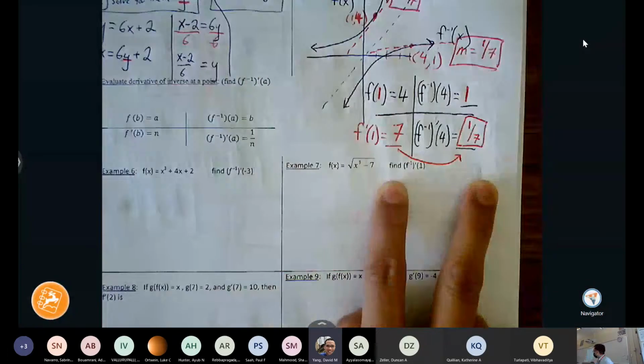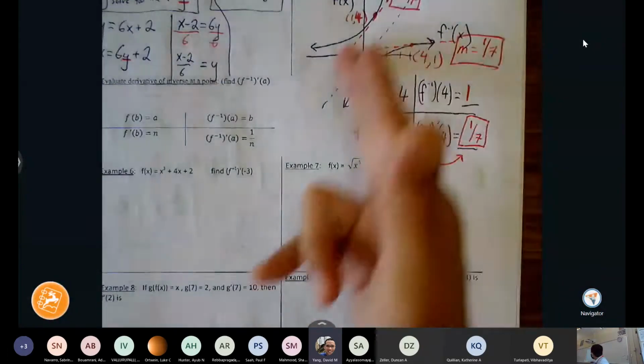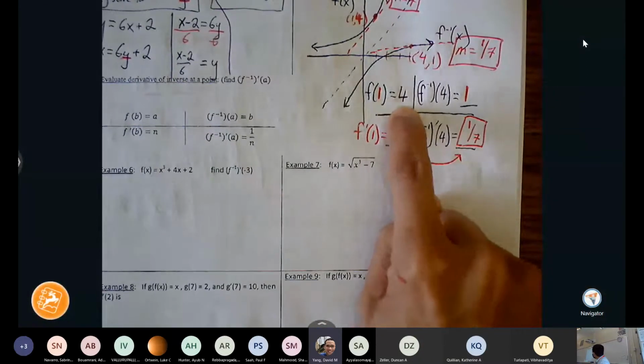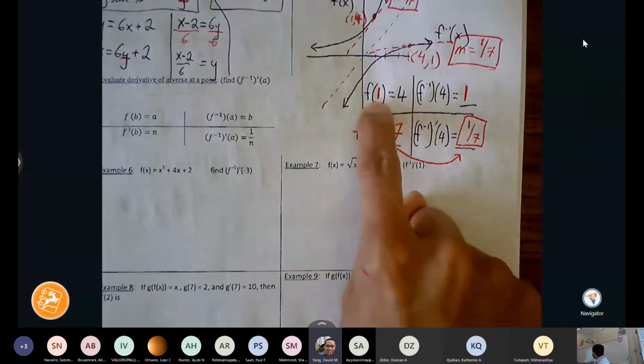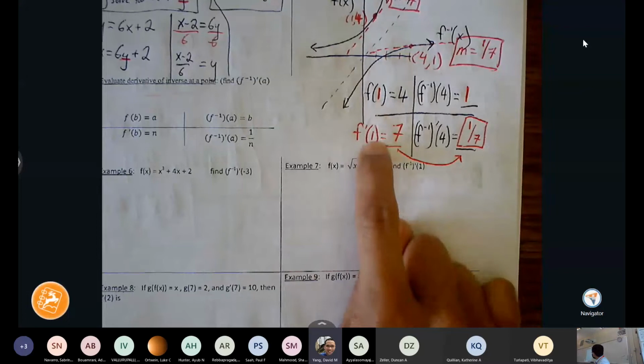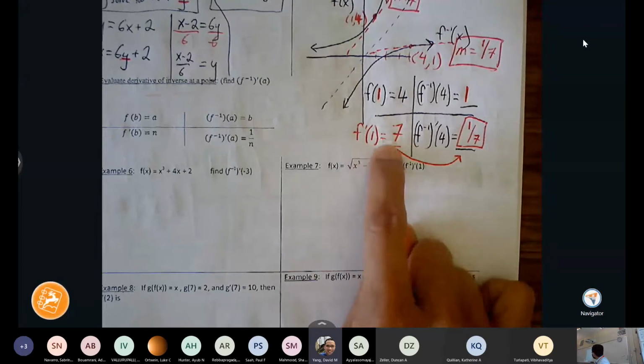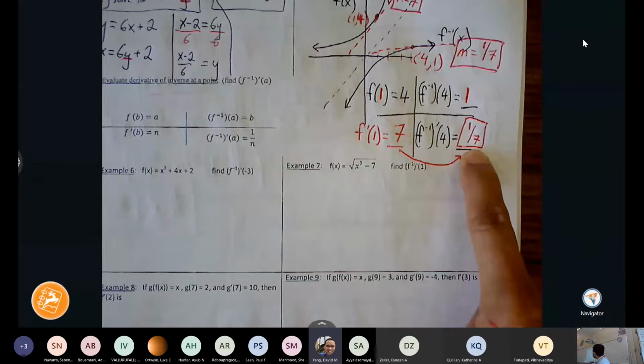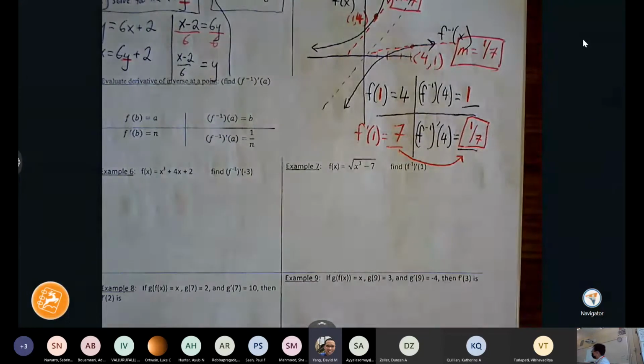So we're just going to make our way around this chart. Whatever x value they give you, you know is the y value of the function. Work to figure out what the x value is so that when you find the derivative, you can actually find the slope. And then once you find the slope, just flip it, and that's going to be the slope of the inverse.